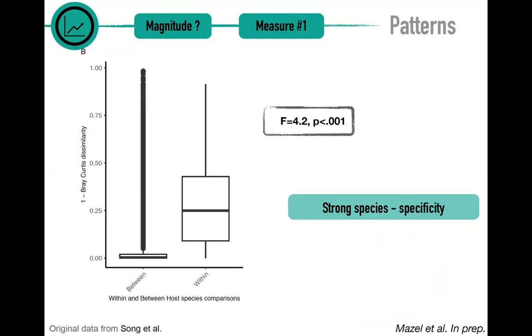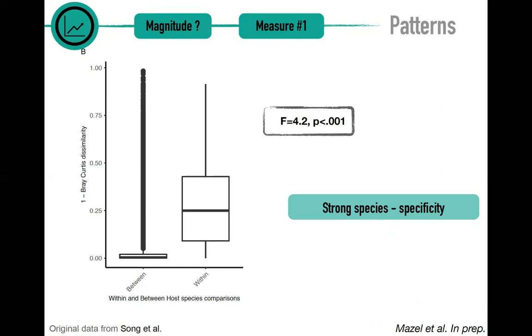As I was saying before, individuals that belong to the same species have a much more similar gut microbiome than individuals from different species. But you should note that there is still a huge amount of variability within species. The similarity between two individuals within one species is 25%. Still, it's more similar than between species. So we do observe a strong species specificity in mammals, a kind of endemicity for each host species.